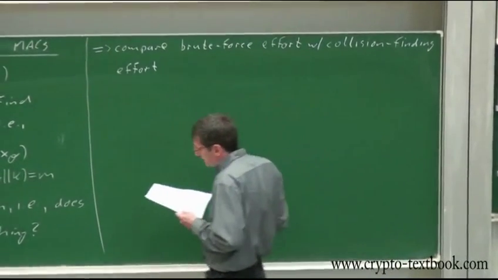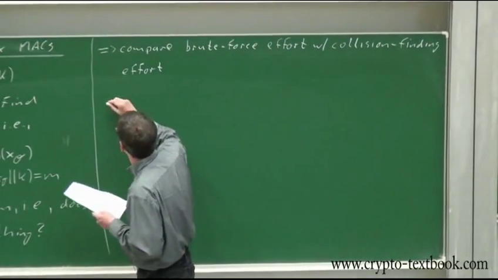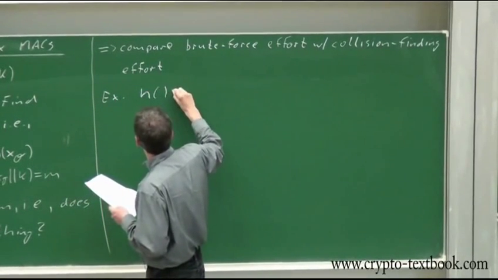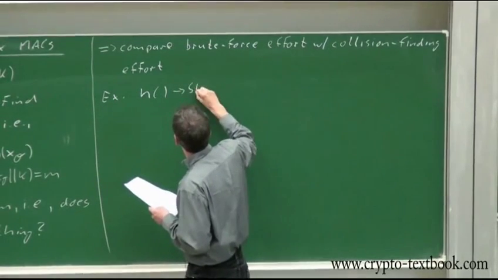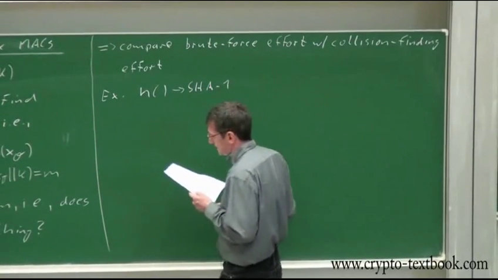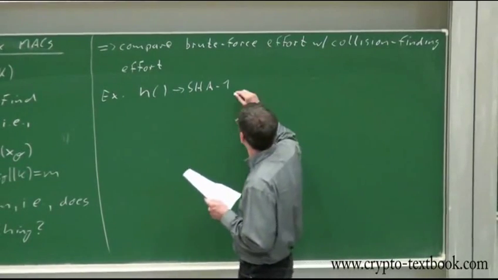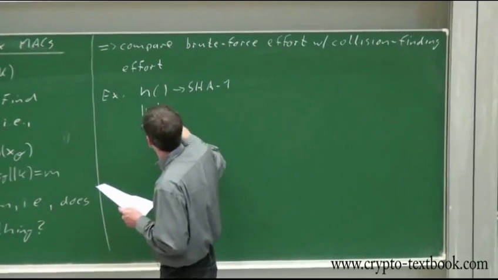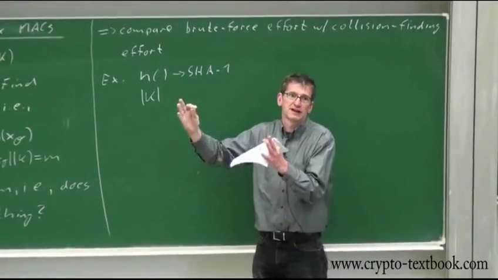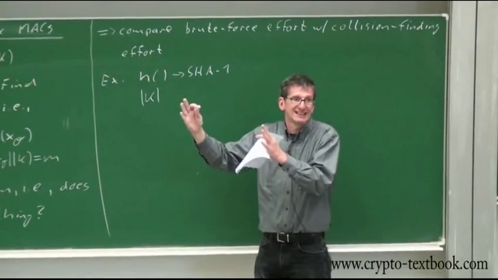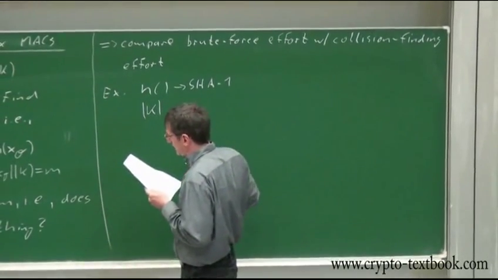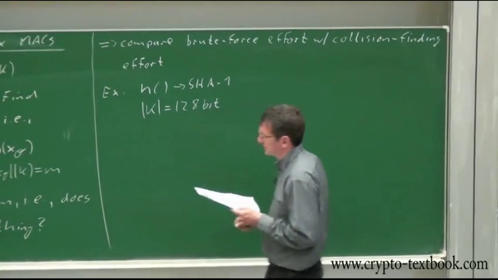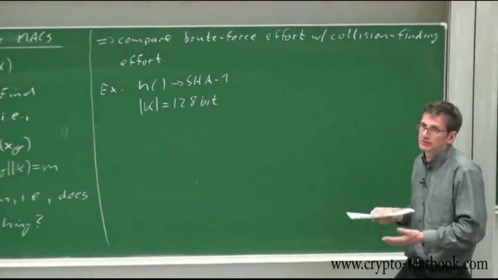Let's look at one very concrete example. The hash function is SHA-1, and for K, if we use these bars, we mean the cardinality, the length. The key space here is 128 bits. So these are very typical examples.